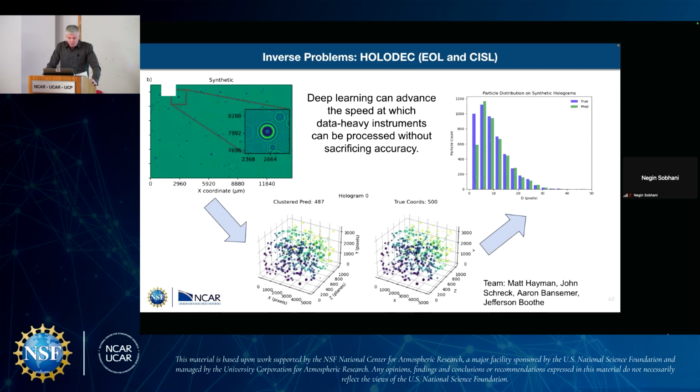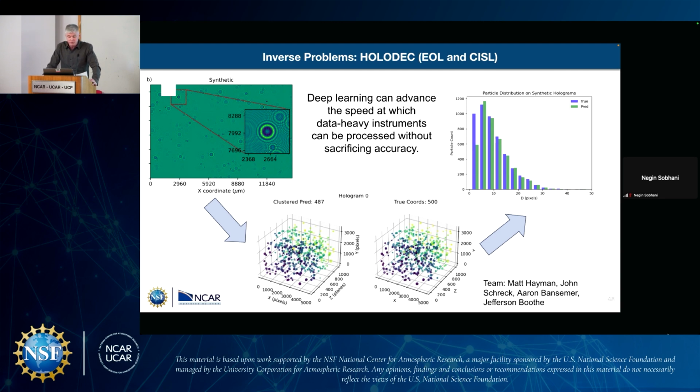Another relatively recent area for Miles has been in inverse problems. This is a collaboration with Matt Hayman in EOL. Holodeck is an airborne instrument that generates holograms of cloud particles. The holograms then need to be processed to tease out things like particle position and size.